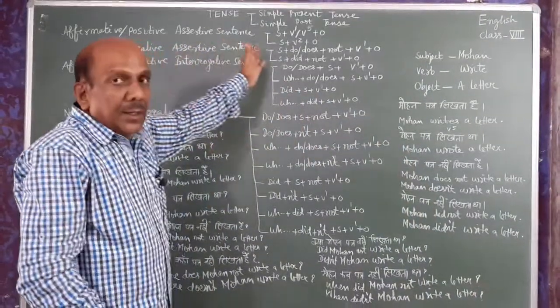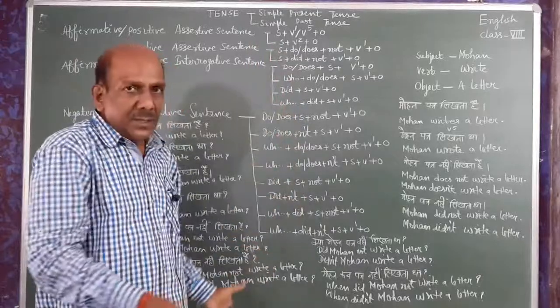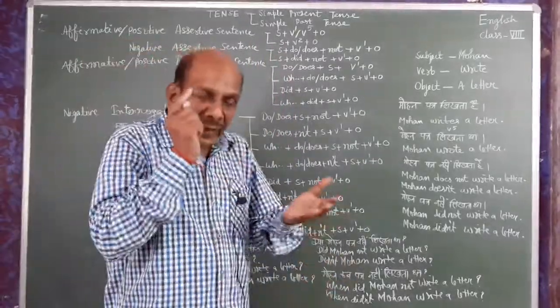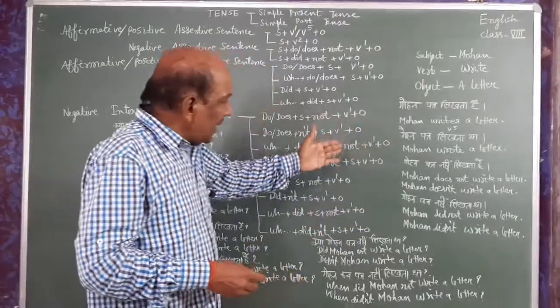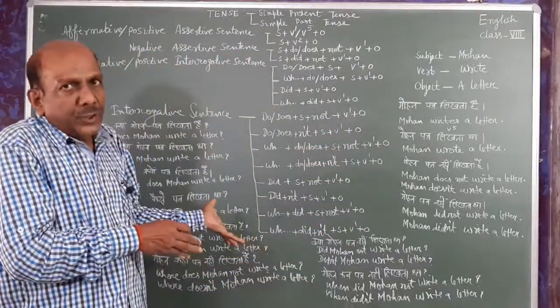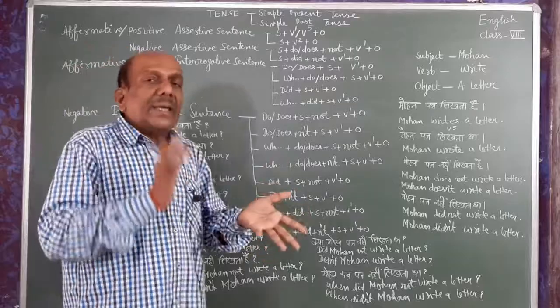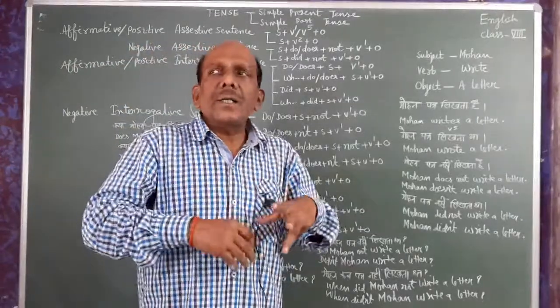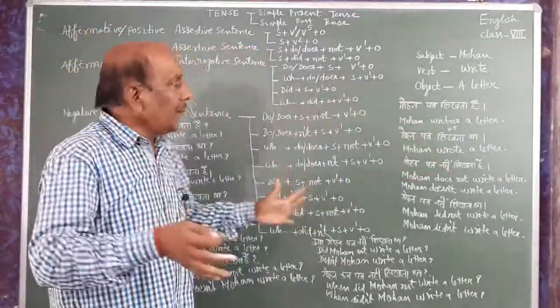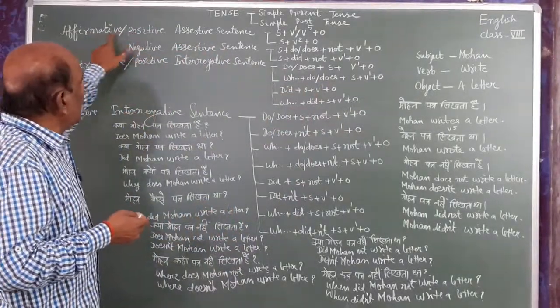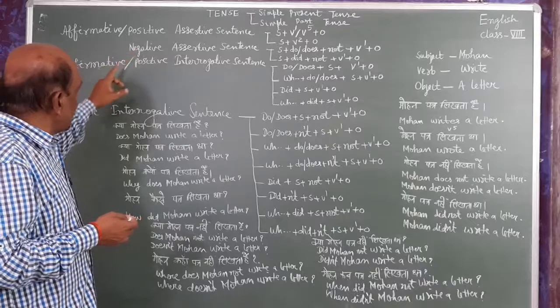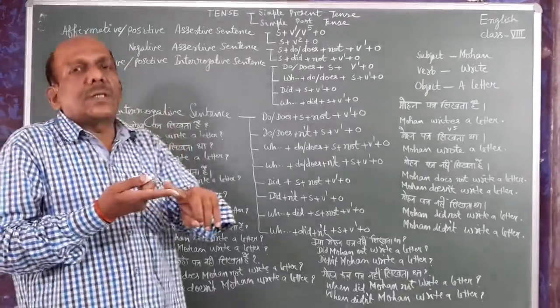So see here, we have seen all the examples. We can frame different sentences. We have framed here 10 to 20 sentences. We can frame 30 and more sentences if you learn all the four structures: affirmative, negative, assertive and interrogative.